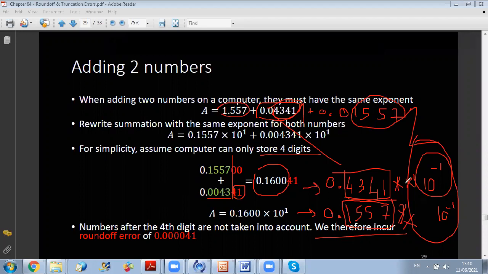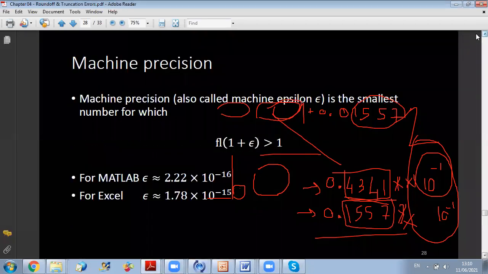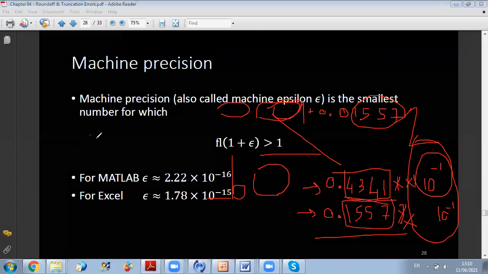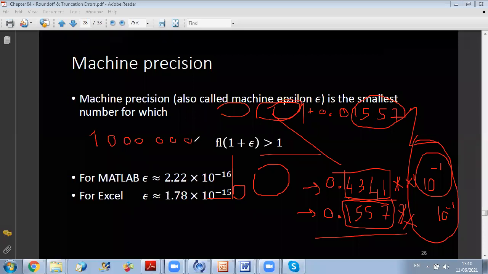In the previous example, we were defining it with respect to 1 plus epsilon. Now if you want to add 1 million, then the smallest number that you can add will be a million times epsilon. If you multiply 1 by 10 to the power 6, then the minimum number you can read compared to 1 million will be 10 to the power 6 times epsilon.